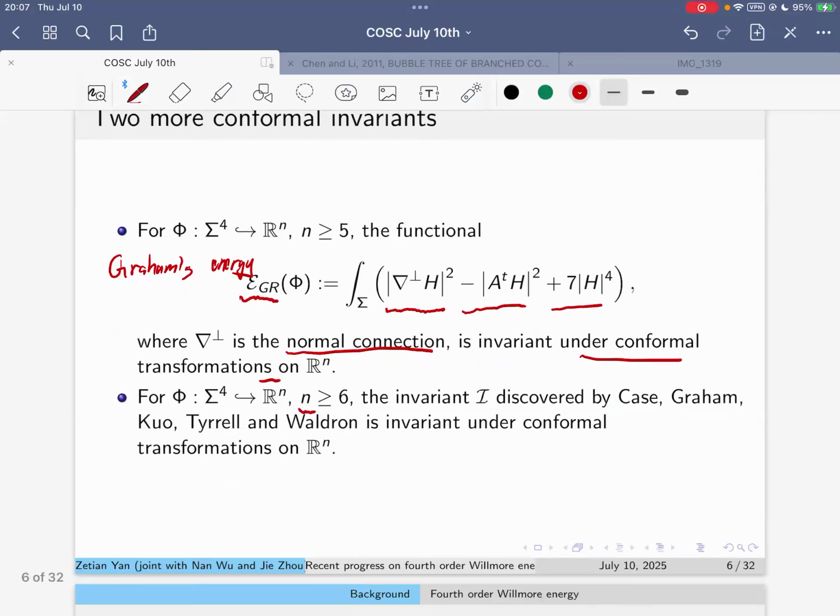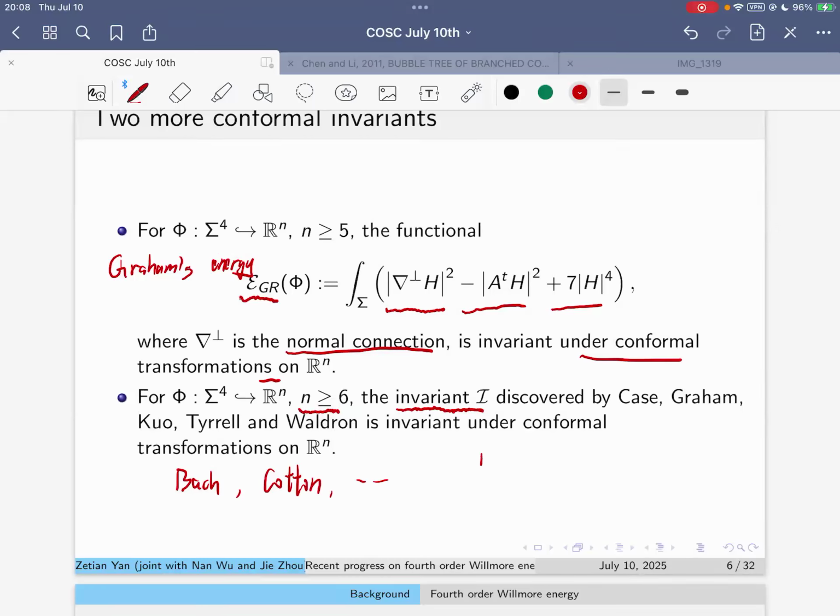Of course, in higher dimensional case, there is one more global conformal invariant, and I call it capital I. This invariant was discovered by my PhD advisor, Jeffrey Case, and his collaborators, Rubin Graham, Cosmo, and another two collaborators. So this global conformal invariant consists of the Bach tensor, Cotton tensor, and their derivatives.